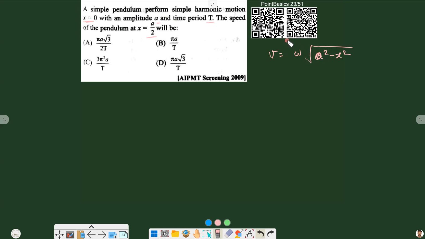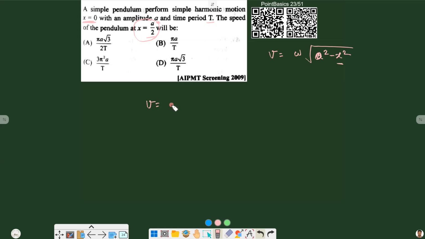The main point to focus on here is that when x is equal to 0, the amplitude is a. So for displacement, we just put the value x is equal to a by 2.